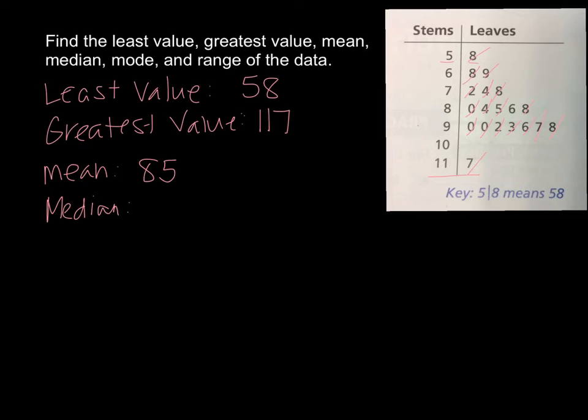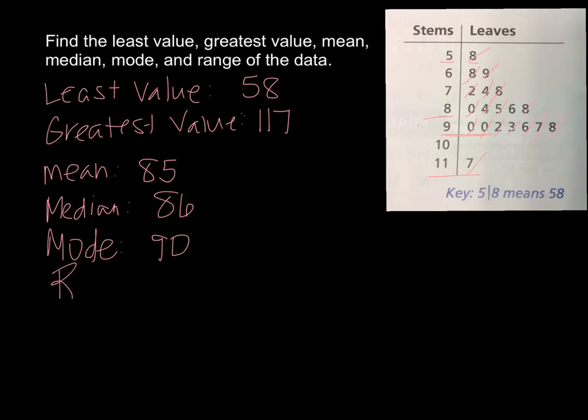So our median is not 6, but 86. Our mode would be the number that appears most often, and that would be, let's see here, looks like our mode is 90. We have two 90s. That's the only one that overlaps that we had 2 of.